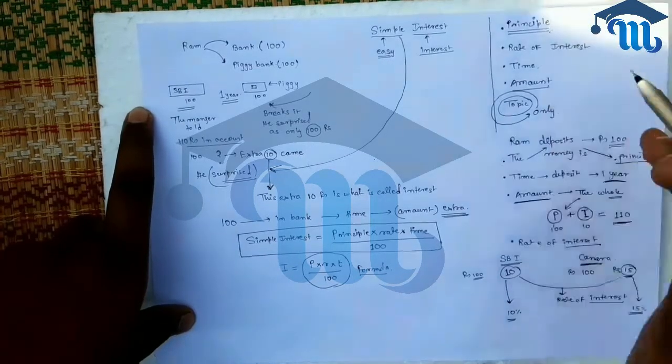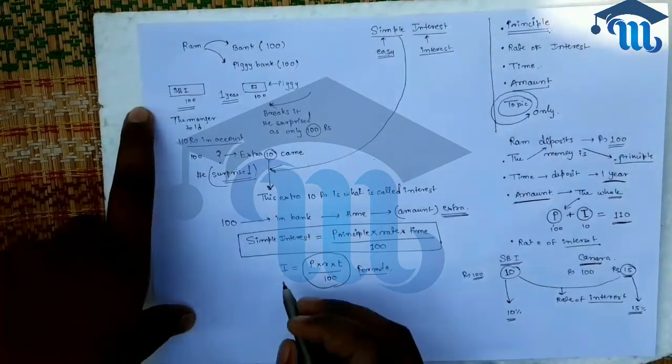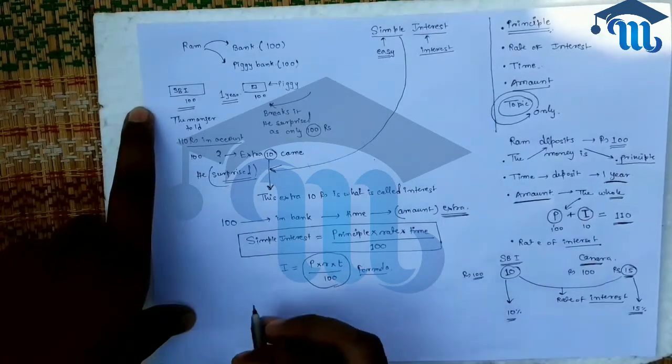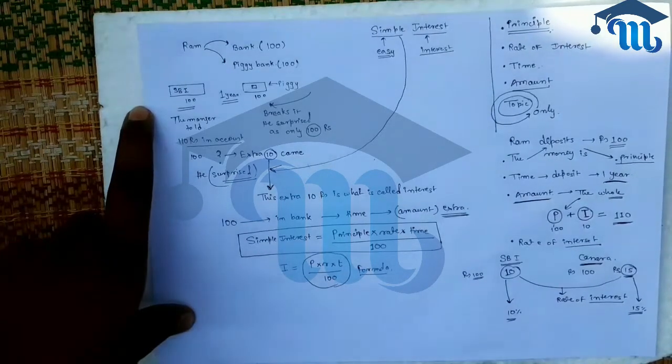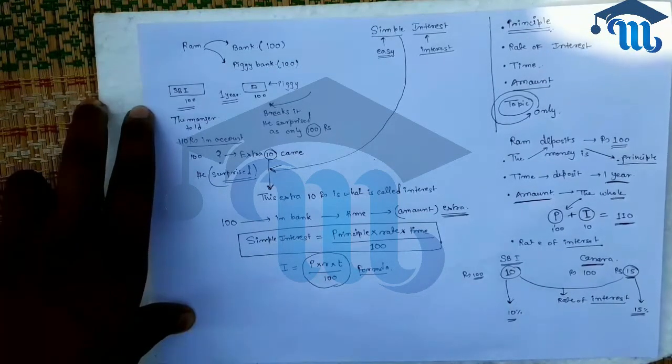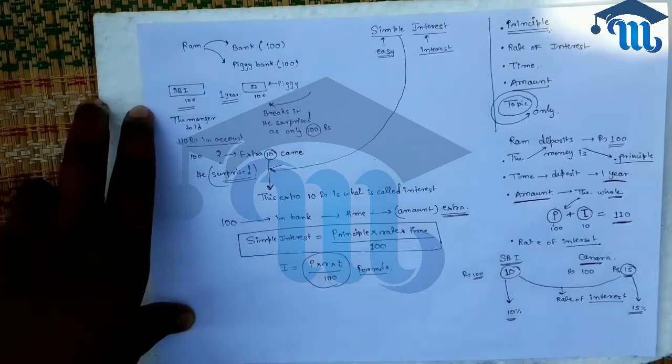So simple interest is principal into rate into time by 100. It must be clear for you now. Now we will go through some examples to clarify all the doubts which must be arising in your mind.